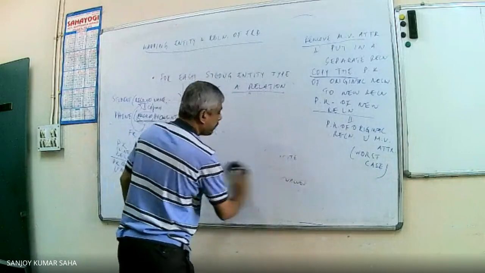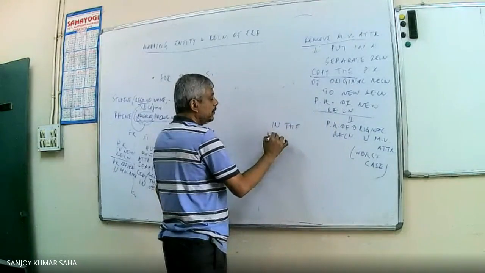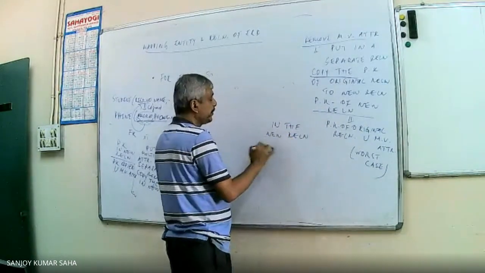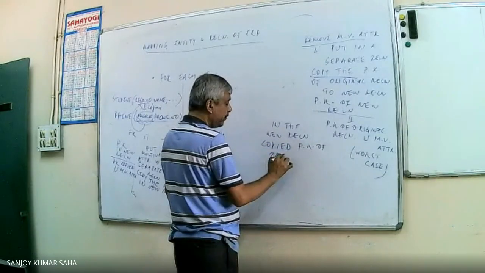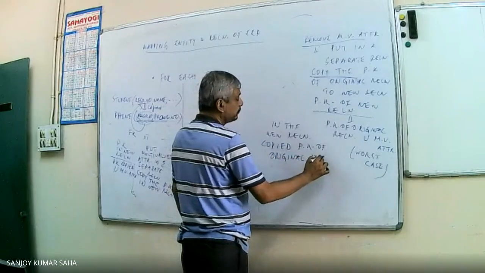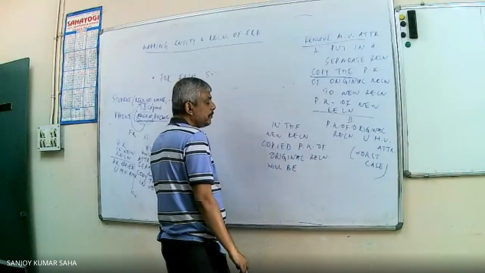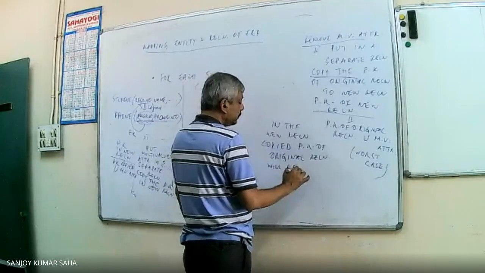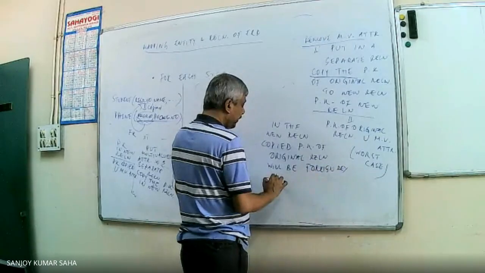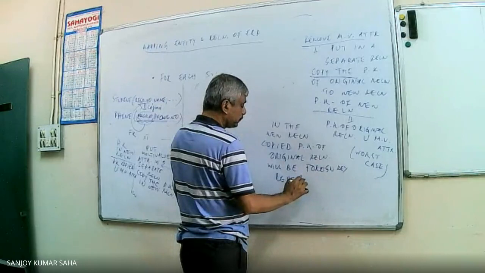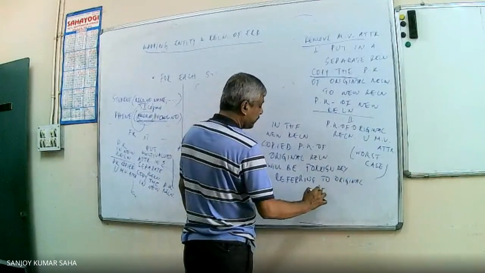Now, in the new relation, the copied primary key of the original relation will be a foreign key referring to the original relation.